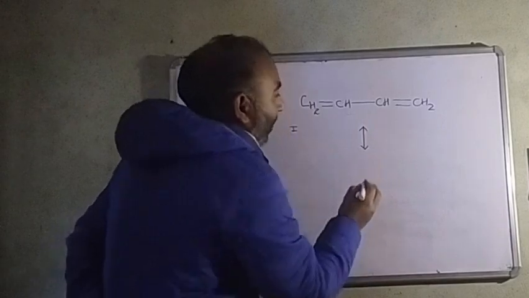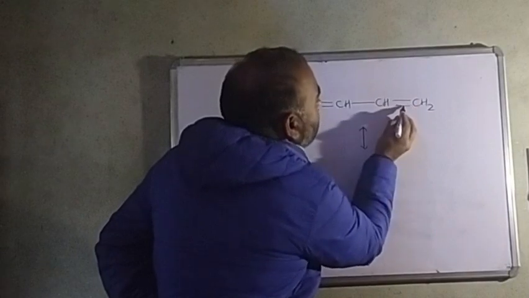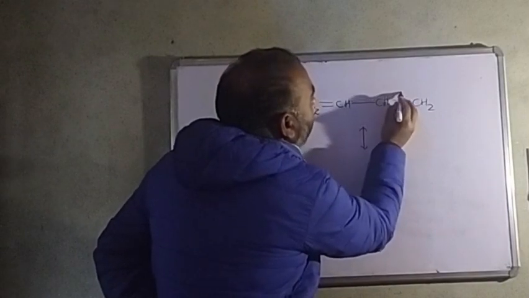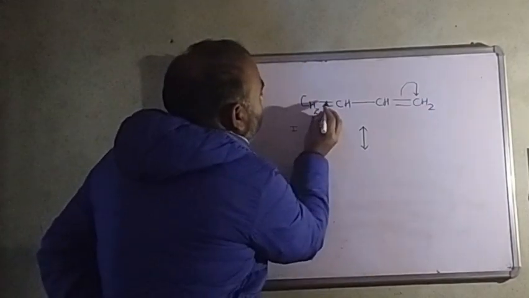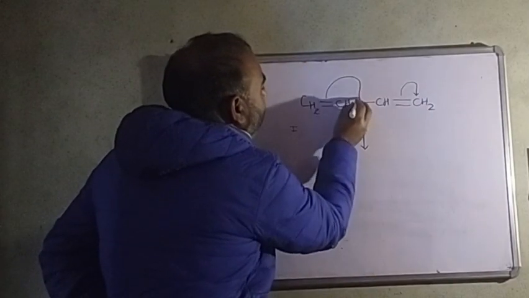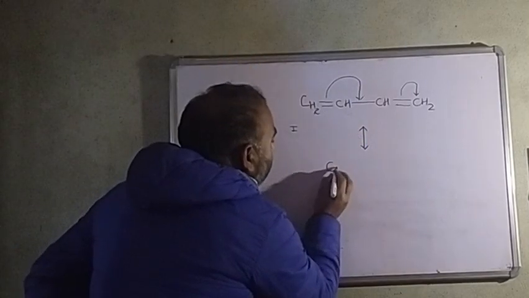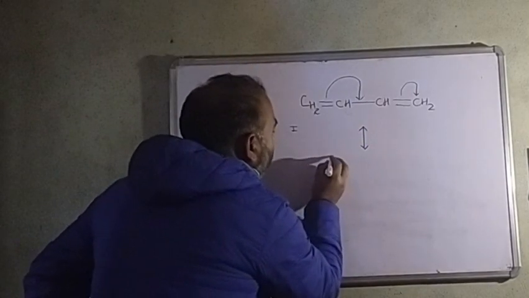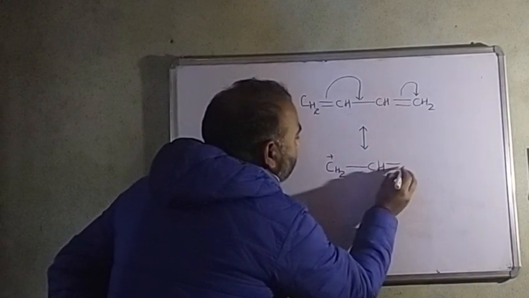Alternatively, we can have the second structure, in which this pi bond shifts towards one carbon, and this pi bond shifts like this, creating polarization.